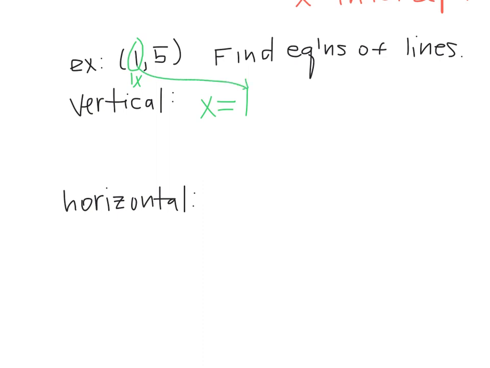And now for the horizontal line, this one has to do with the y value, and it is going to be y equals 5. All right, let's do a quick graph.